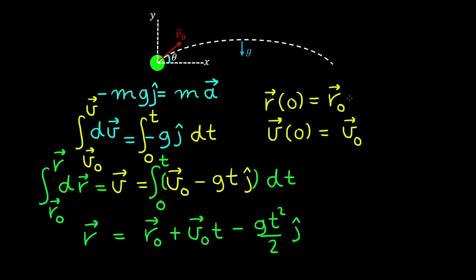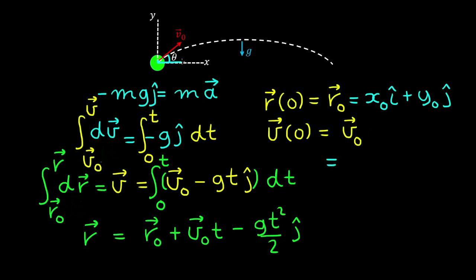Now we can write r naught in component form. So I have the x component plus the y component, and r naught is a zero vector if we take the origin at the initial position of the projectile, but in the general case r naught will not be zero. And the initial velocity can be split up into components.